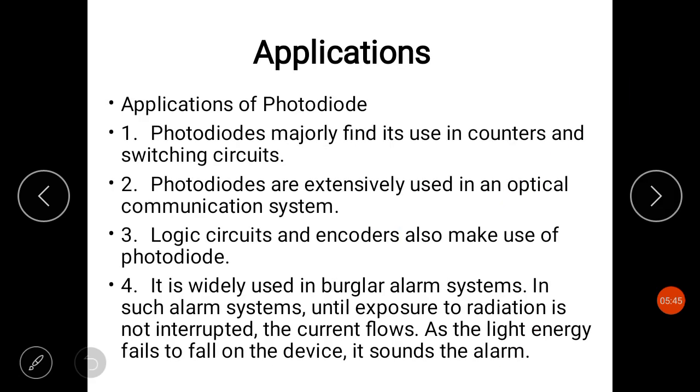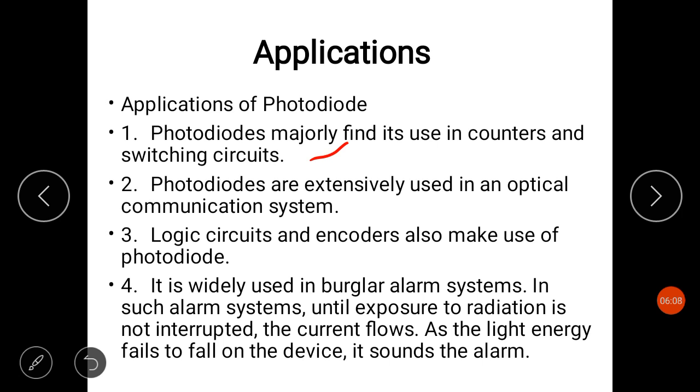Now, moving on to the applications of photodiode. Photodiode majorly finds its use in counters and switching circuits. How? You have seen a conveyor belt. When a number of items go through a conveyor belt, they can be easily counted by using a photodiode.